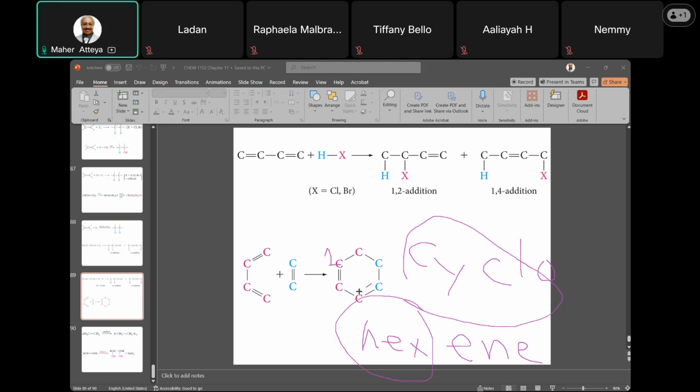If I have another double bond here, what will the name be? This is my 1, this is 2, this is 3. It will be cyclohexa-1,3-diene, correct, guys? So I have two double bonds.